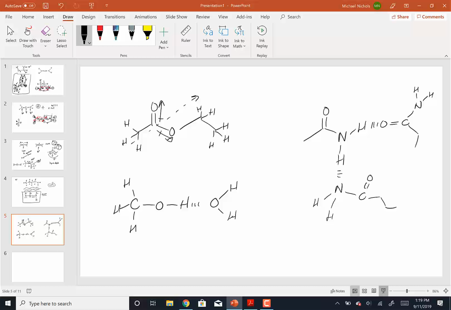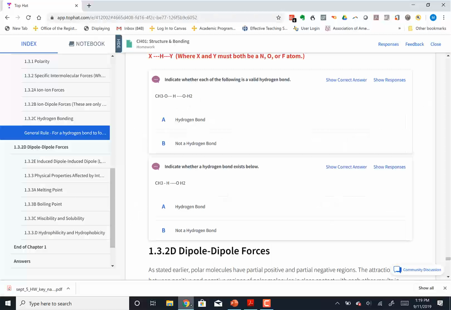So the question is, is that a legitimate hydrogen bond? Yes, because the hydrogen is covalently bonded to an O, N, or F, and it's electrostatically attracted to an O, N, or F. In the question, the O in the wood alcohol had a dashed line to the H. Does that indicate the hydrogen bond? I don't know.